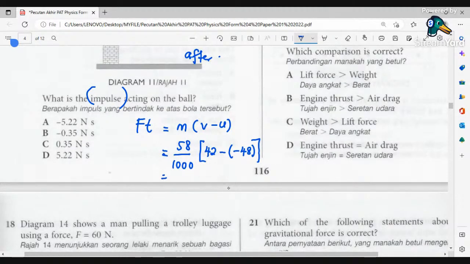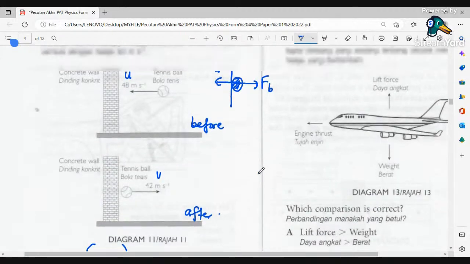Okay, we get here is 5.22 Newton second. Okay, now I calculate here 42 minus negative 48.